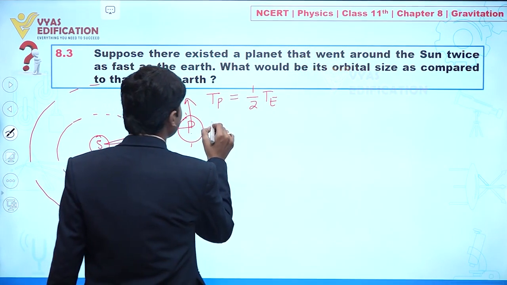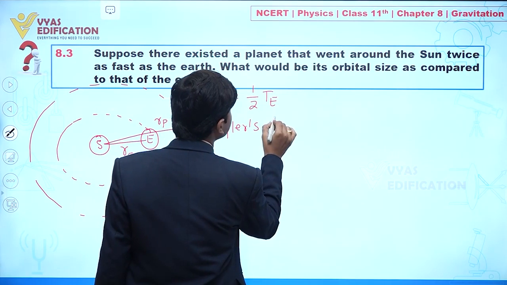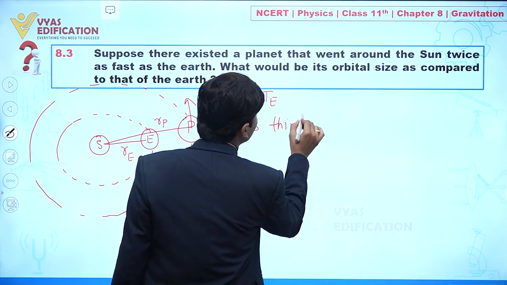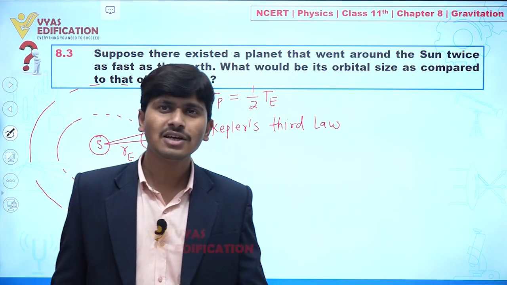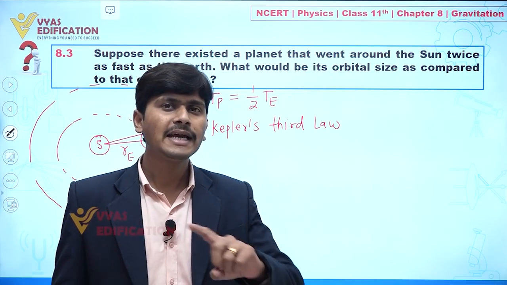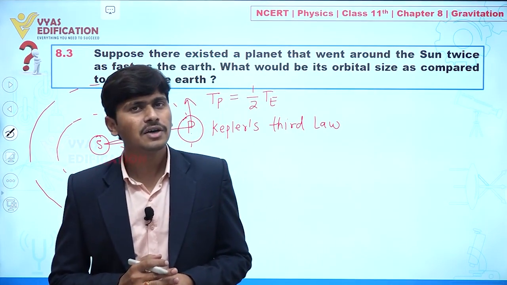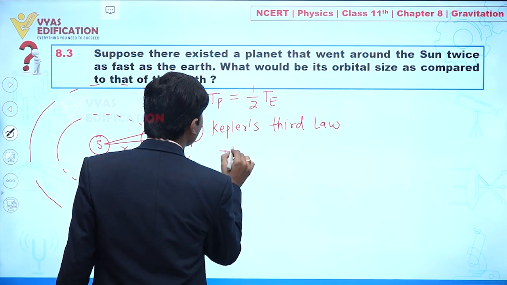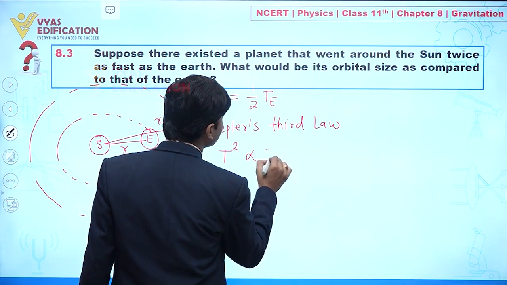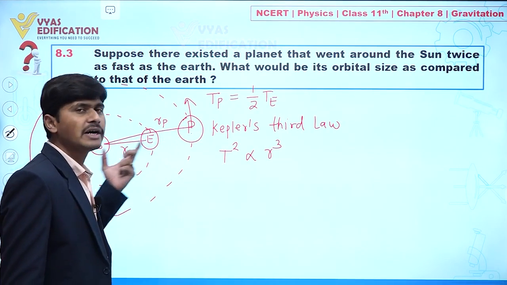So according to Kepler's third law, you know very well Kepler provided three laws related to planetary motion. If we talk about the third law, the square of the time period is directly proportional to the cube of the mean radius of the planet from the sun.